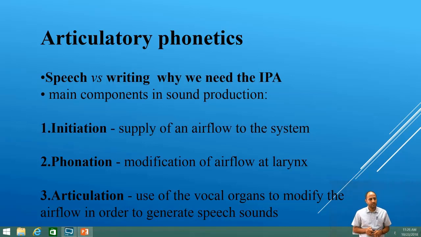The third is articulation, which is the use of the vocal organs to modify the air as it travels through the oral or the nasal cavity, and to give each single sound its due shape and its due characteristics as it is produced.